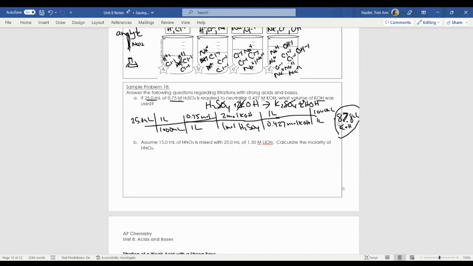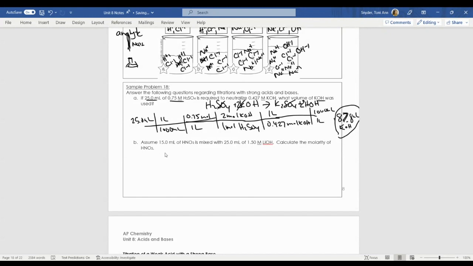It looks kind of sloppy, but that's what it's supposed to read. So in order to neutralize 25 milliliters of 0.75 molar sulfuric acid, you would need to add 87.8 milliliters of 0.427 molar potassium hydroxide.